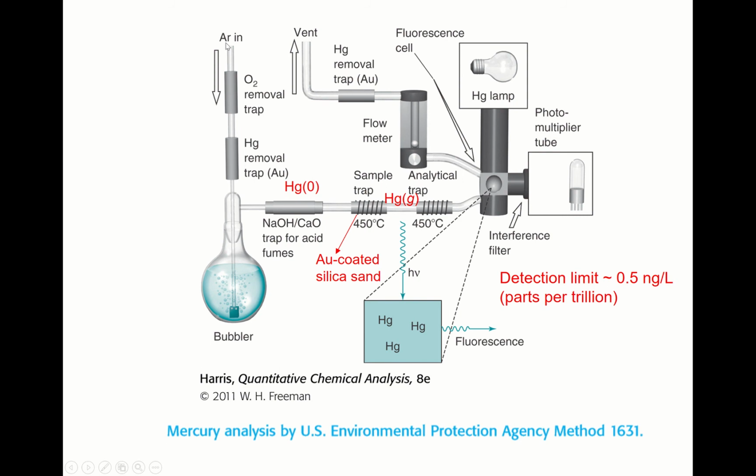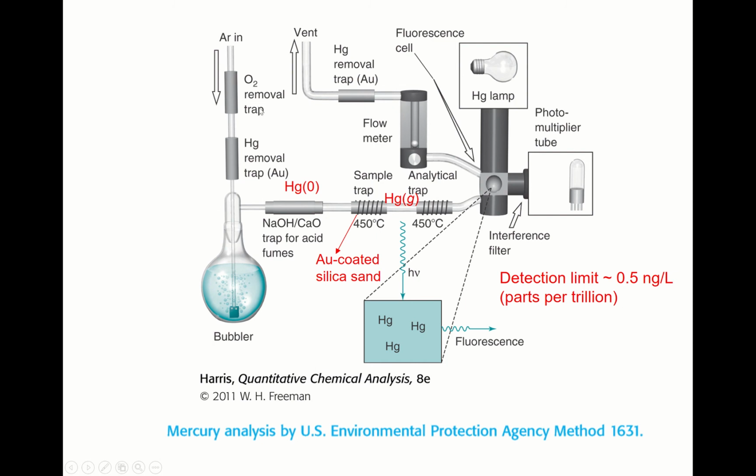Okay, and this argon gas now first passes an oxygen removal trap. Okay, and a mercury removal trap. Why? Since you need to reduce divalent mercury here, you don't have oxygen.